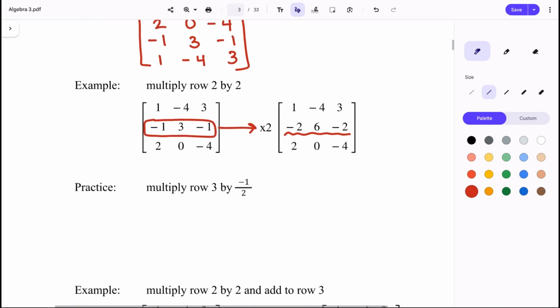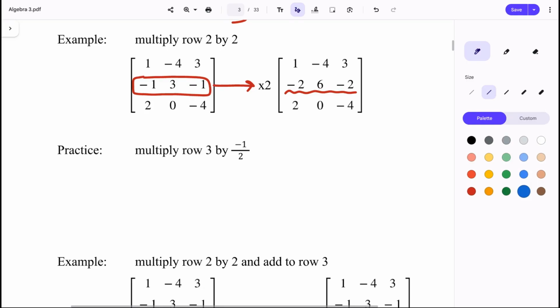Okay, so what you can do now is, again, this is your original matrix, this one here. Do the practice now. Multiply row 3 by -1/2. Watch your signs on this one.